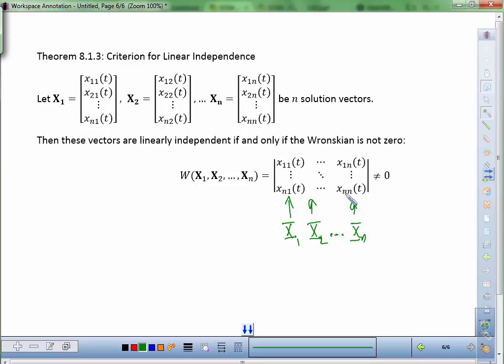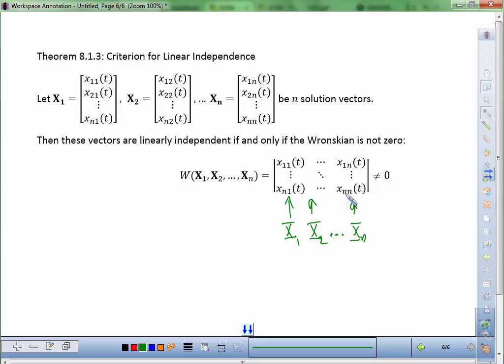So these are going to end up being columns of a matrix where we're going to take the determinant of that matrix, and if that determinant is exactly 0, then those solutions are linearly dependent. And if the determinant is not 0, then the solutions are linearly independent. So that's what this criterion is saying.